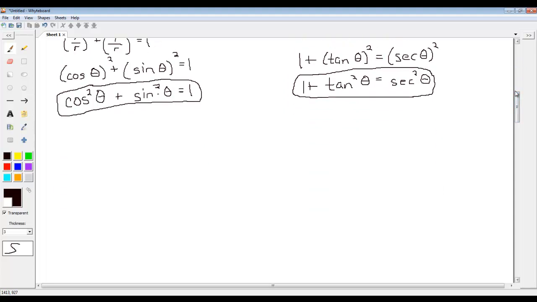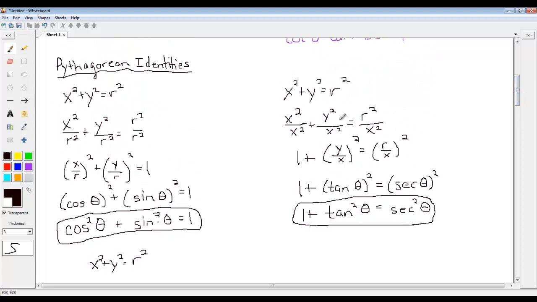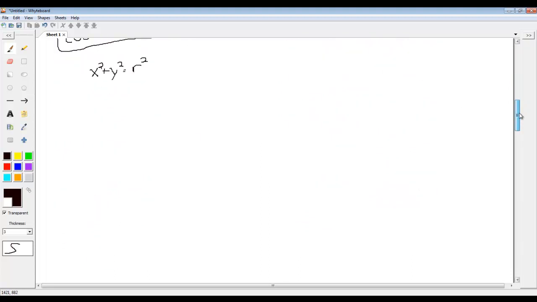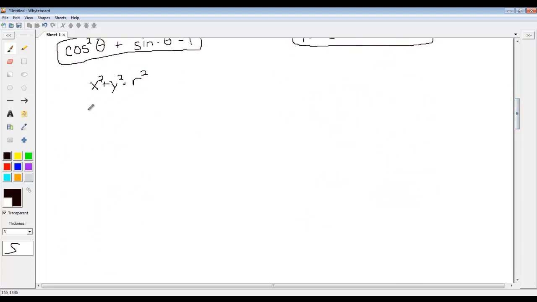Let's do one more. Can we get really crazy and divide through by y squared? X squared plus y squared equals r squared, because we haven't done that yet. We divided through this one by r squared, and this one through by x squared. Let's do y squared. Alright, x squared over y squared plus y squared over y squared.